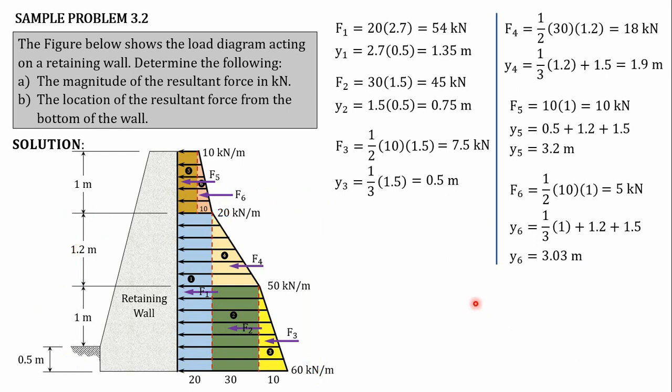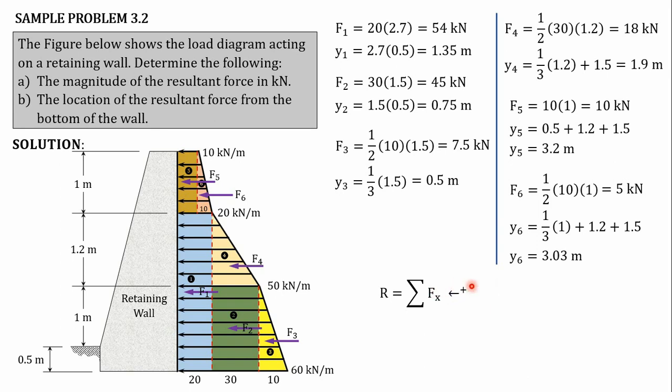Okay, so una tayo sa question 8 class is to determine the magnitude of the resultant force in kilonewton. So therefore class, resultant force is equal to summation of forces at x. Assume that going to the right is positive.